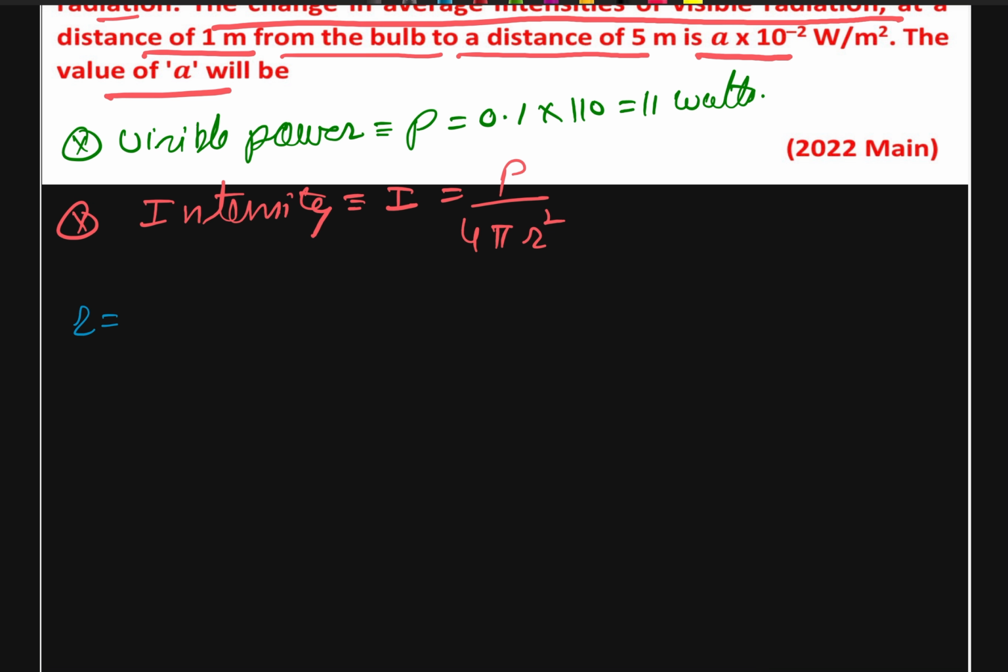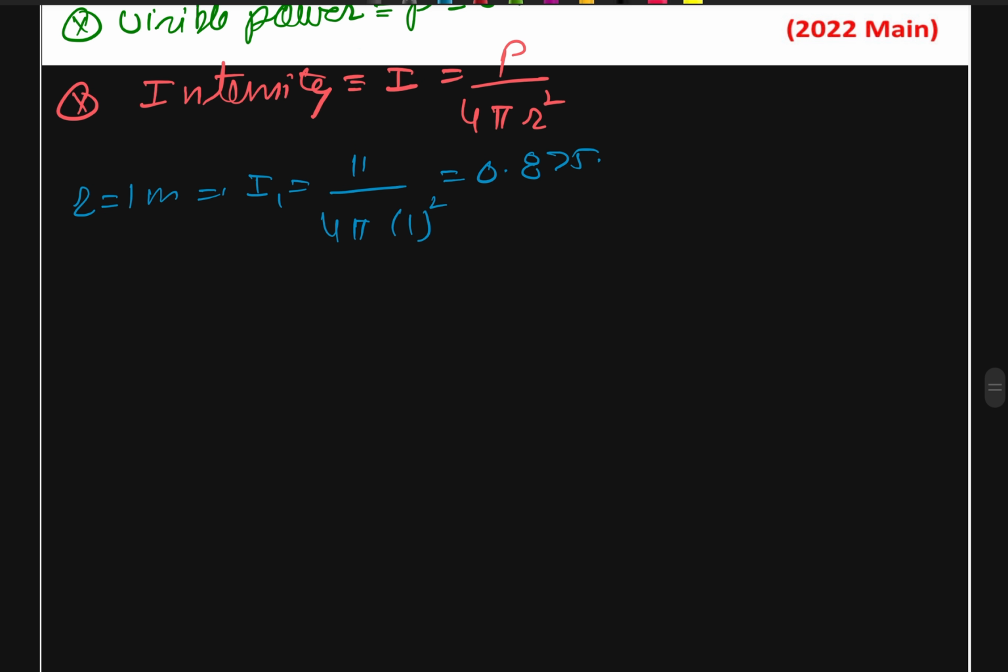First of all, r is 1 meter, so let us call this as I1, which will be equal to P is 11 upon 4 pi, and this is 1 square, and this comes approximately at 0.875. And second is our r is 5, so we get our I2 is equal to 11 upon 4 pi, and this comes as 5 whole square.